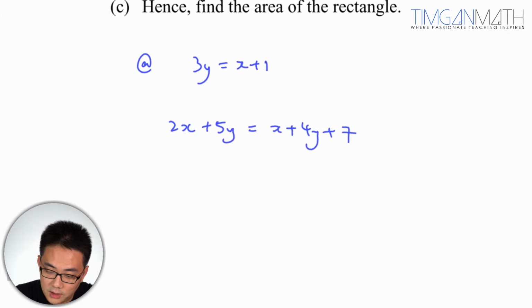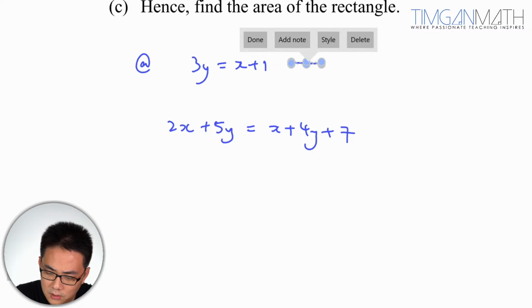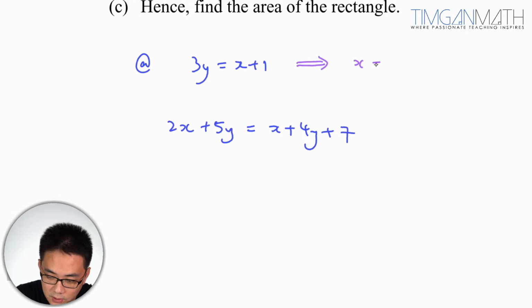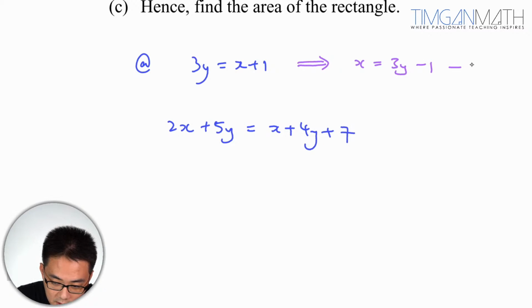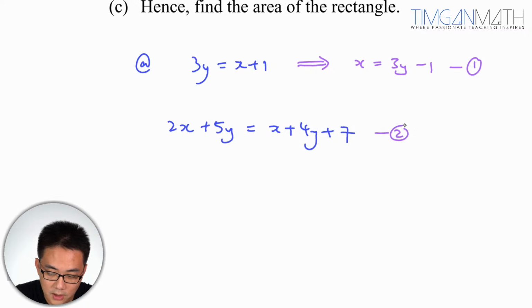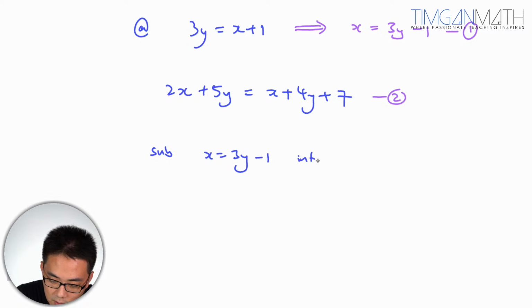Okay, so once this is done, actually the easiest way is to make x the subject here, right? So I'm gonna make this the subject. In this case, we're gonna get x equals 3y minus 1. Then after which what I'm gonna do is just substitute 1 into 2, right? So just replace x equals 3y minus 1 into 2.